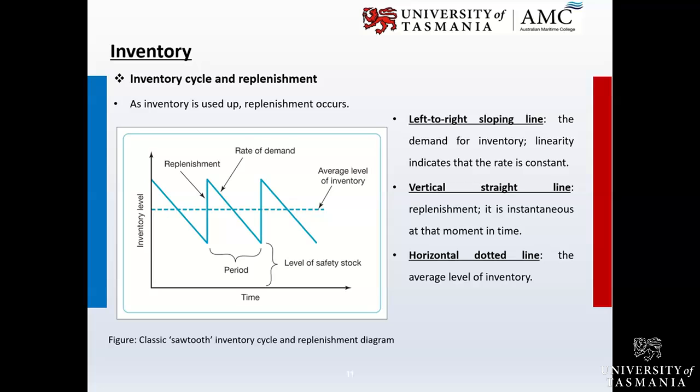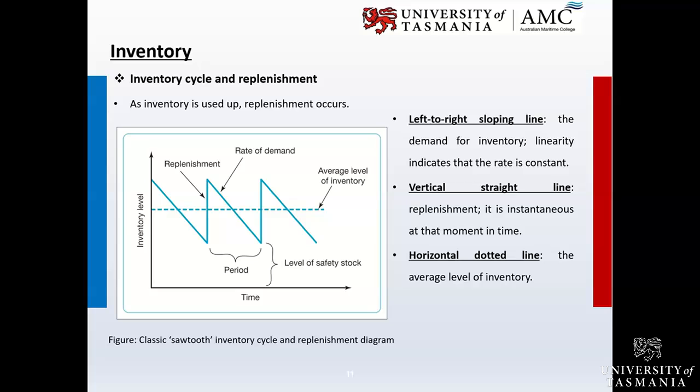The first is the left to right sloping line. You look at the rate of demand. It shows the demand for inventory. We find this line is linear, so it means the rate is constant.